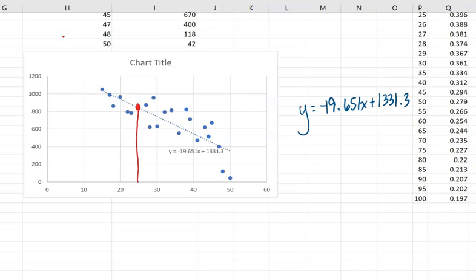So we're looking for, if they spent 25 minutes, about how much money would they expect to have whenever they leave after that 25 minutes. So again, for this one, we're just going to plug it in. Nothing crazy or anything like that. It's just going to be y equals negative 19.651 times 25, plus 1331.3.